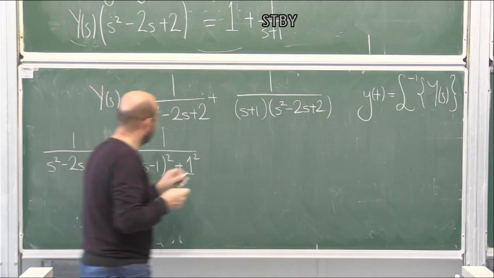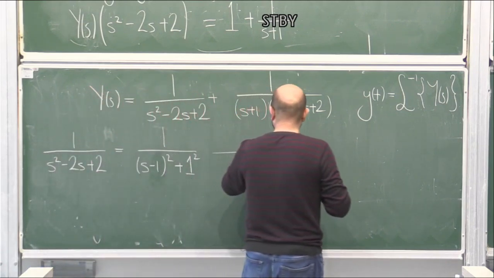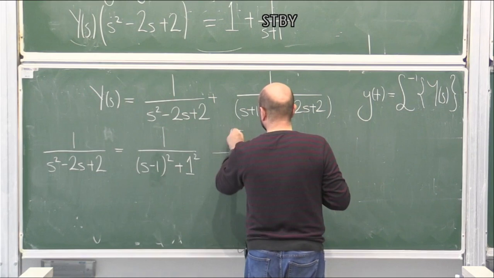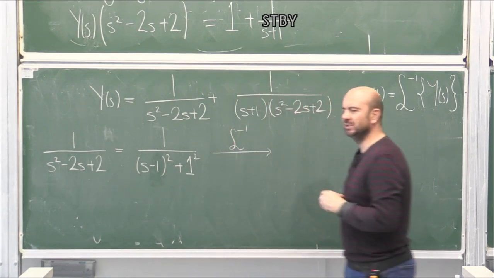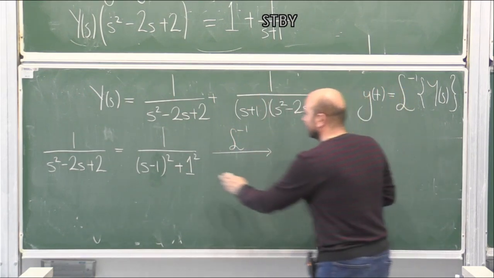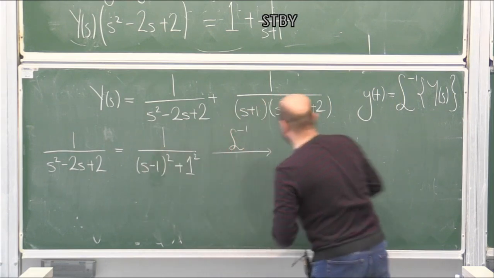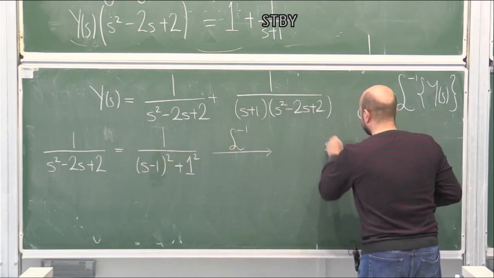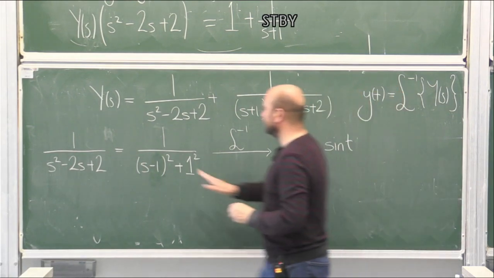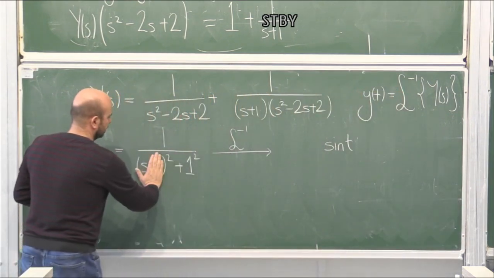So then, if you apply inverse Laplace to this, if you forget about the shift, we have 1 over s squared plus 1. This would be sine t if there wasn't any shift.